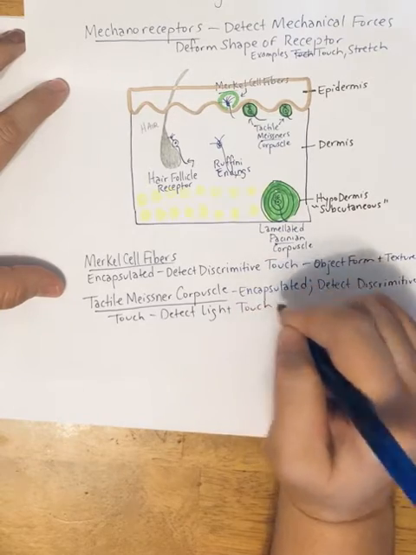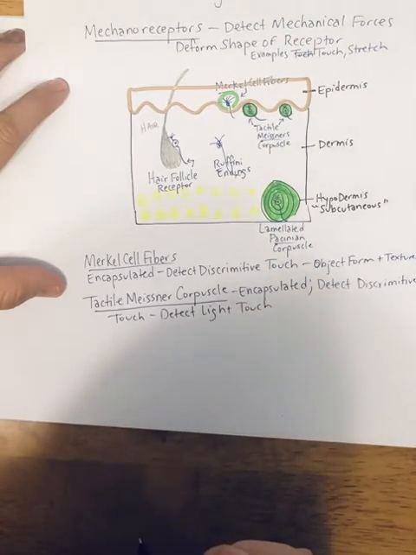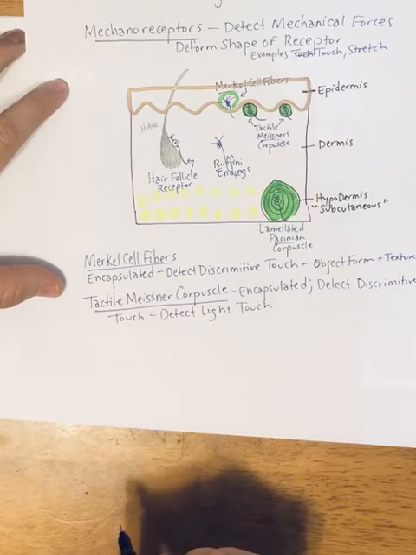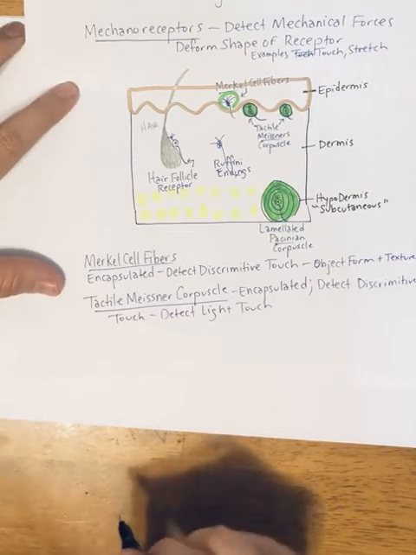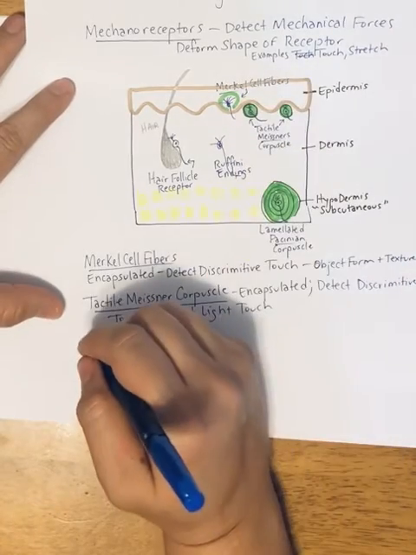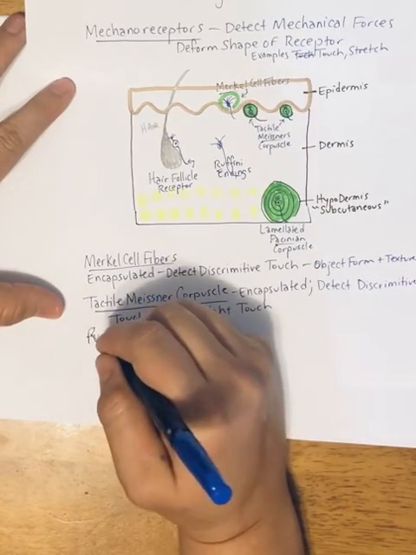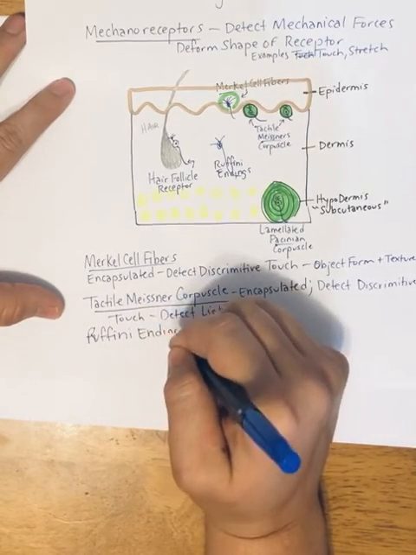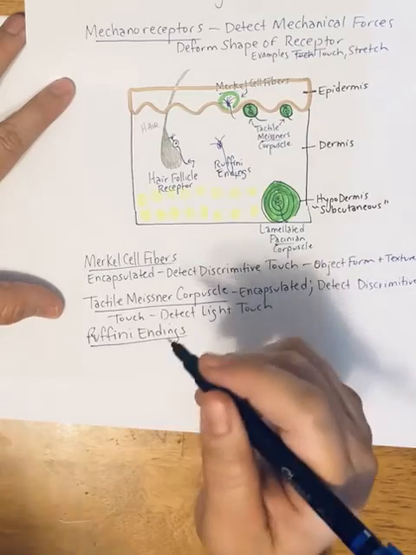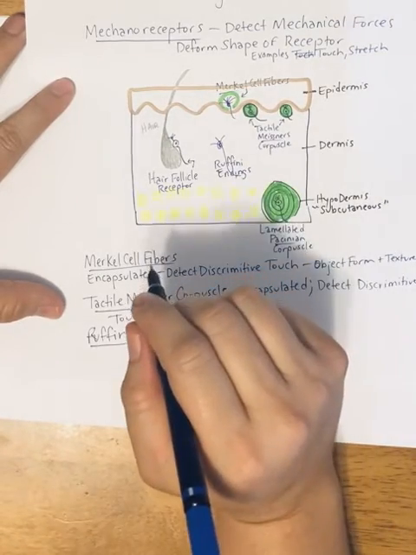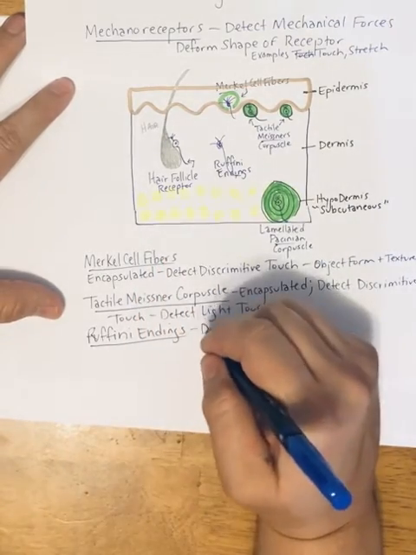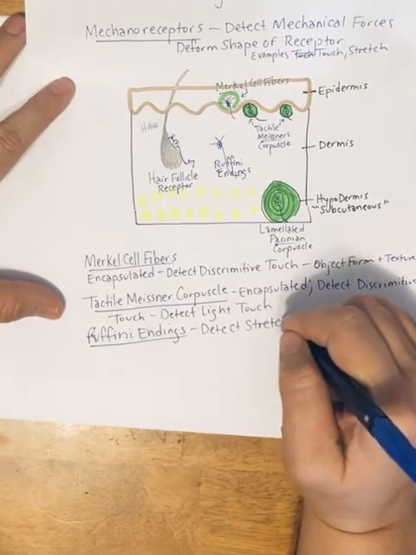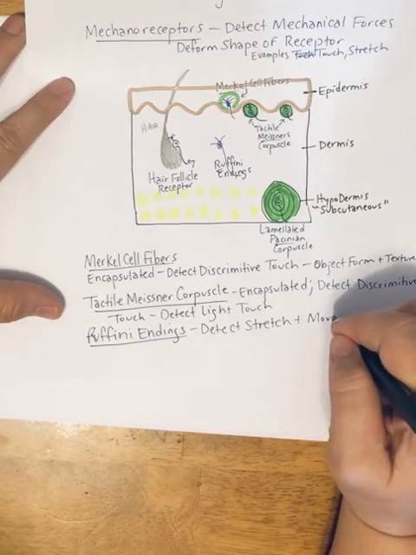So if something barely touches you, then you're going to say that tactile Meissner's corpuscle was used. Now, let's go this way. Ruffini endings. When your skin is stretched, your Ruffini endings are what's used. These detect stretch in your skin and overall movement.